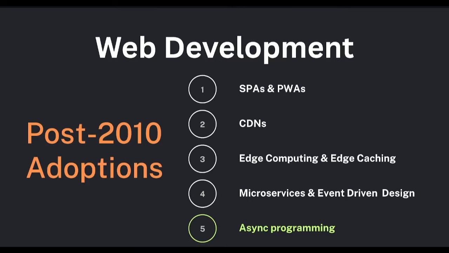Post 2010, we see single page applications and progressive web applications got trending. CDNs are more commonly used to serve static content for improved performance. In the same way, edge computing and edge caching became a common design choice to reduce latency. Microservices and event-driven design have been helpful in developing scalable and highly available systems.